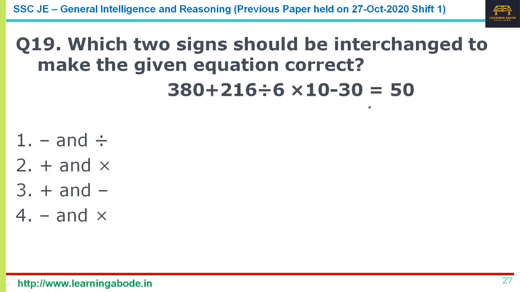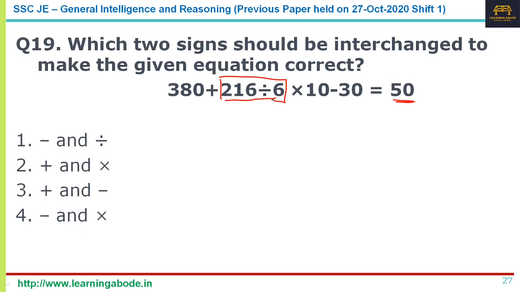Now question number 19, based on mathematical operators. The question is which two signs should be interchanged to make the given equation correct. You have a division here, so let's consider that first. Please remember, you need an integer as the output. 216 by 6 is exactly divisible.